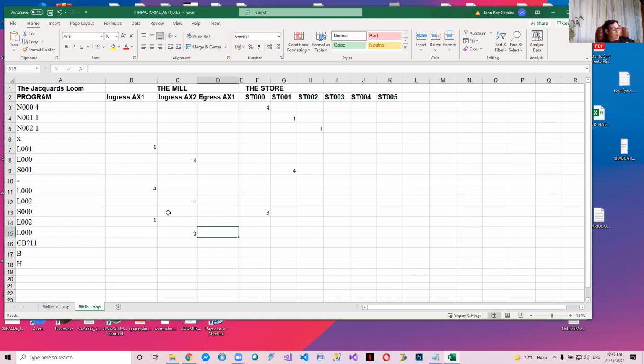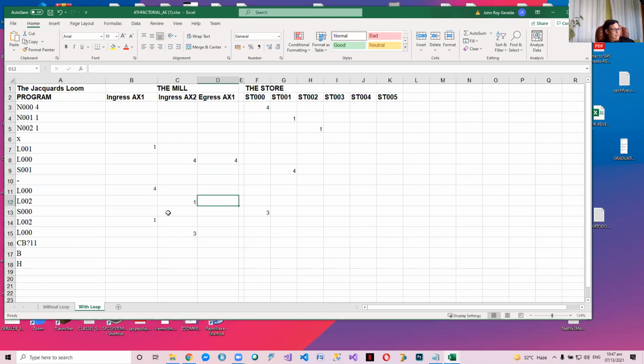So I think it will check both, no? Ingress access 1 and ingress, it's not 0. Okay? It's still a minus. Kasi minus pa dito eh, di ba? Dapat meron tayo dito. Egress access 2 is 4. Okay.